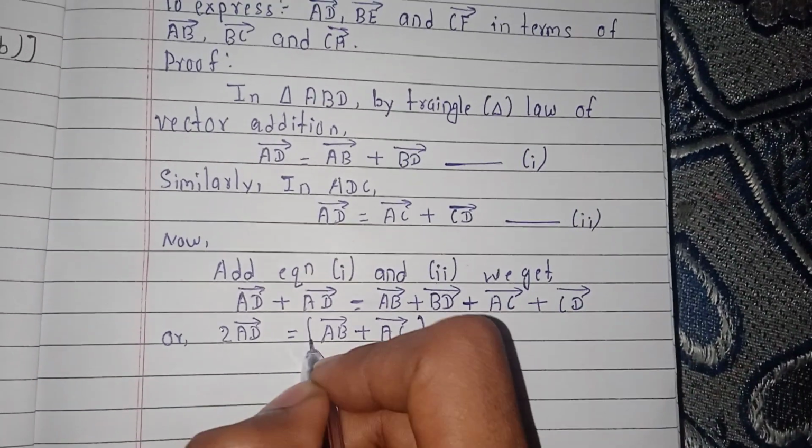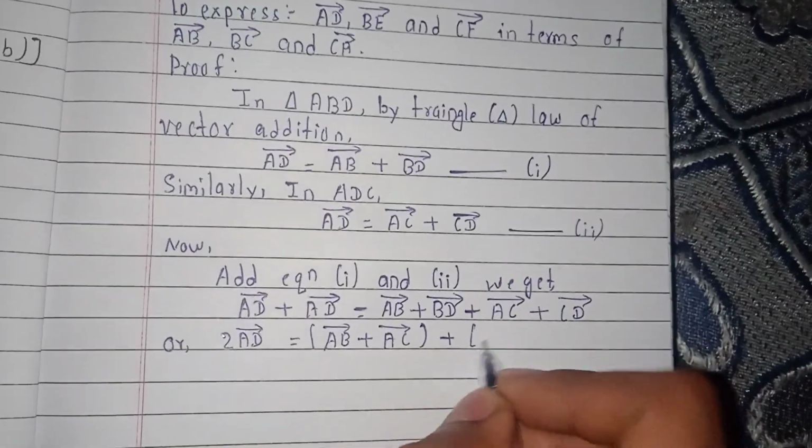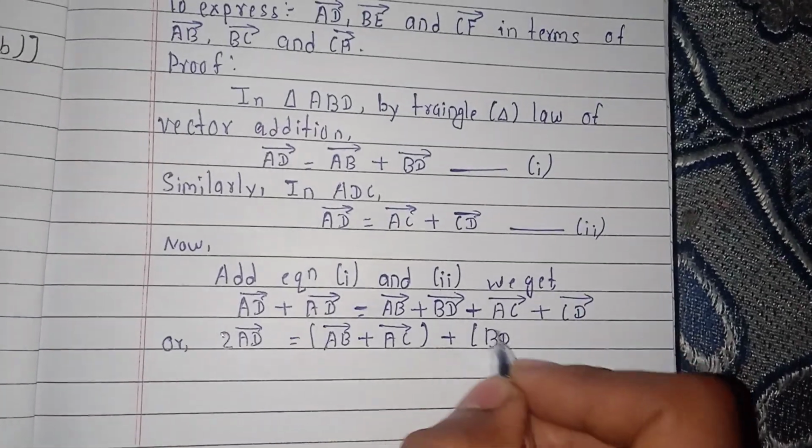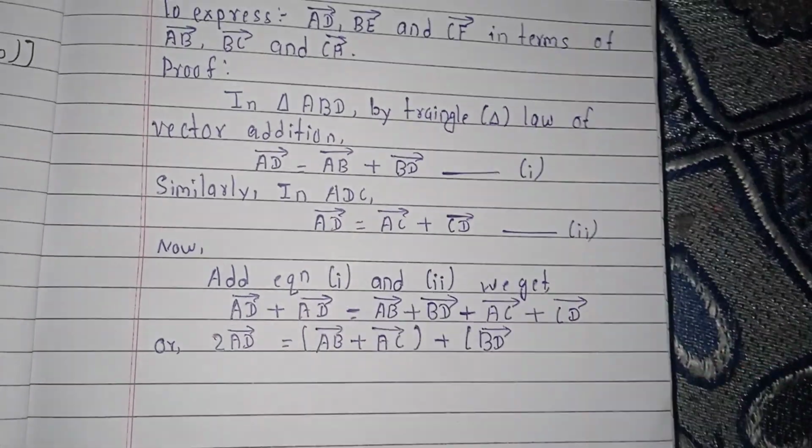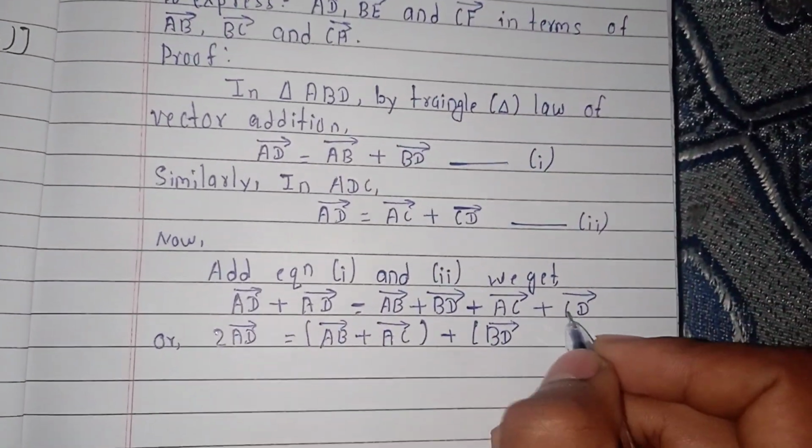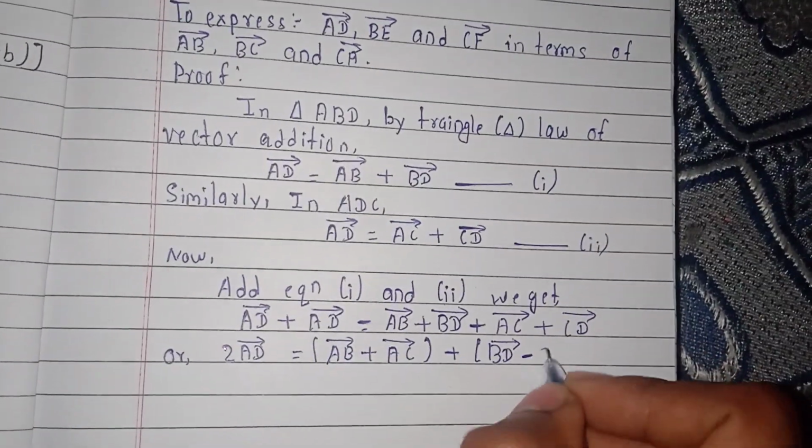And then BD vector plus CD vector. CD vector is the negative of DC vector, so we write minus DC vector.